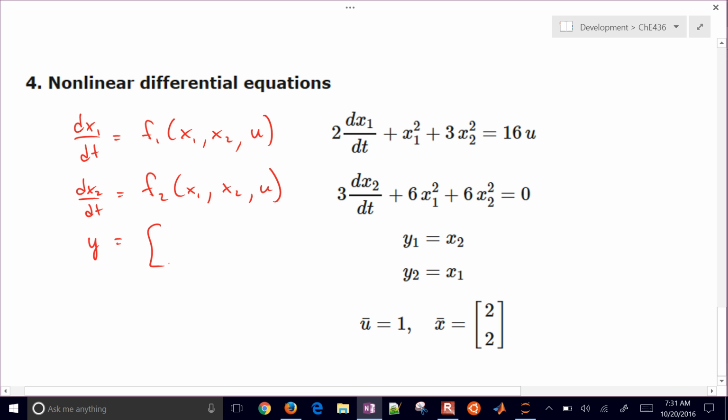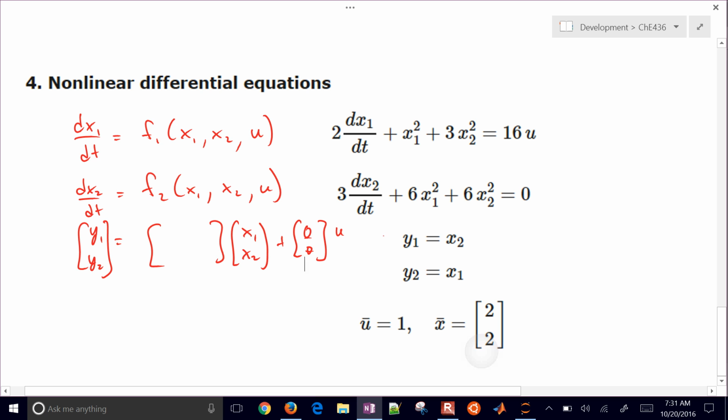We're going to have C times x1, x2, and just because we're writing this out, I'll write the y1 and y2 there. And then we have D as well. There's going to be two values there. Those are going to be zeros.